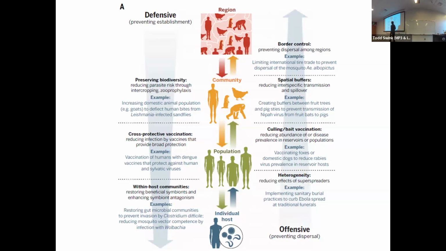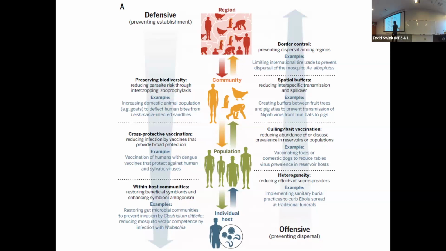And then one thing that I really like is, when you start thinking about public health or conservation biology as a public health strategy, right? So we're thinking about preventing the transmission of particular viruses to human populations.